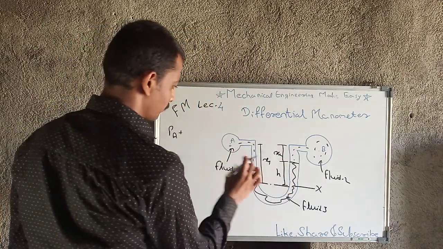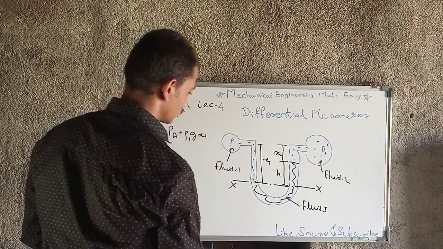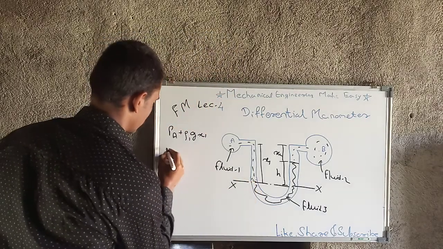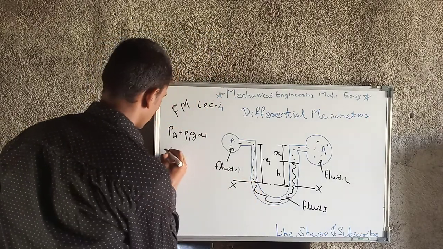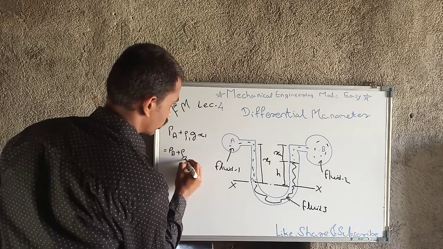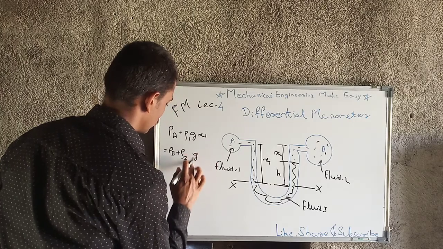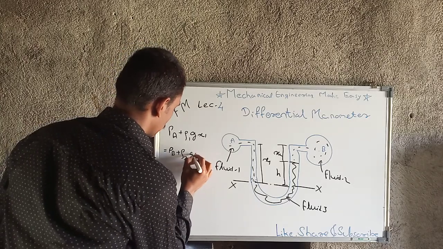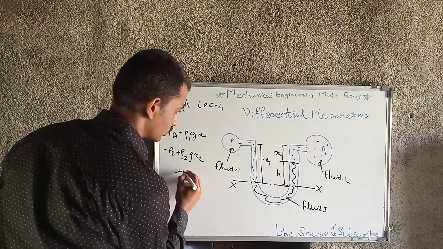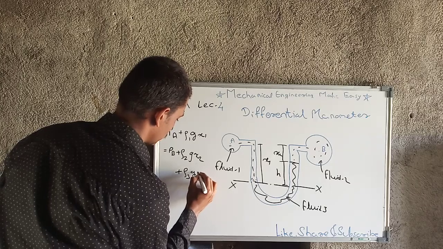So PA plus rho1 g x1. This will be the pressure at the XX section, which is equal to PB plus rho2 g x2, sorry, rho2 g x2 plus rho3 g h.